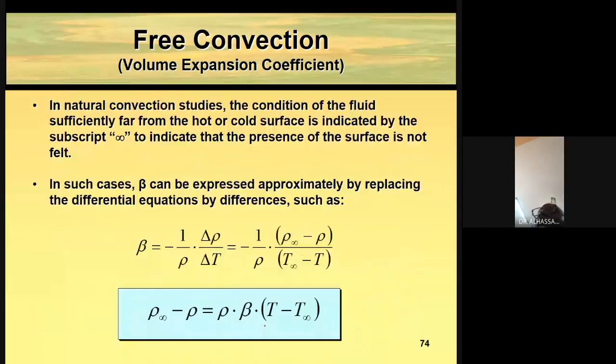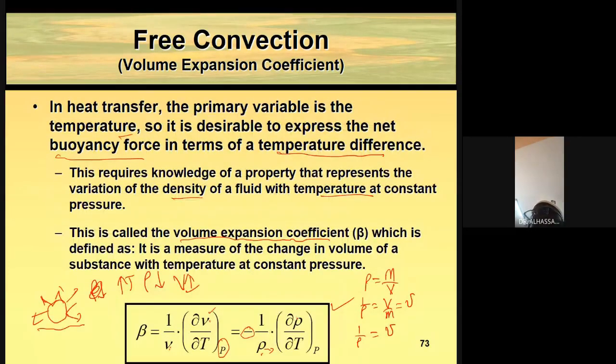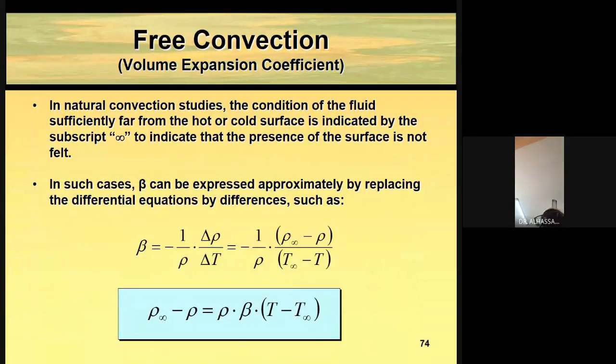Now this equation can be rewritten in this form. You see, this is the rate of change of density with temperature, so we can represent it in terms of delta rho divided by delta T, and we can write it in terms of the differences.